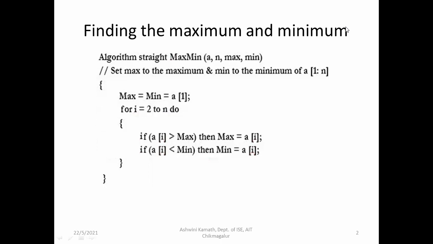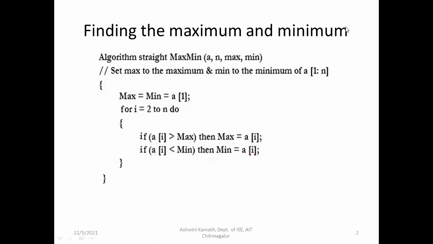Then we are going to check which one is minimum and which one is maximum. We have assigned a of 1, so don't check for a of 1. From 2, we have to check. So for i equal to 2 to n, do: if a of i is greater than max, for example if i is equal to 2 and a of 2 is greater than max, then change the value of max.